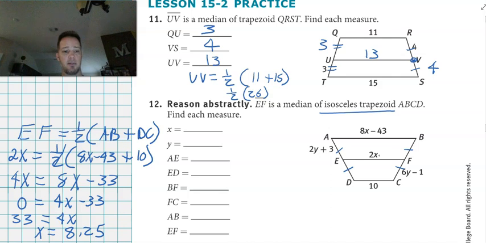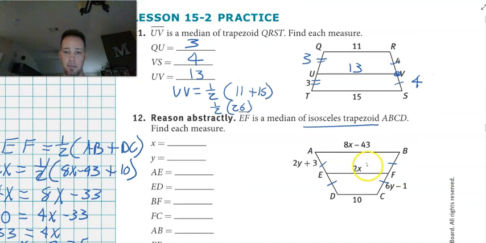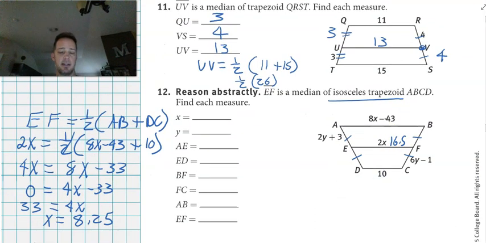So 2 times x would be 16.5. 8x is 66, minus 43 should be 23. That is right, 23. My bad. So then add these together, you get 33. Half of 33 is 16.5. Okay. So that one did work out for x, 8.25.